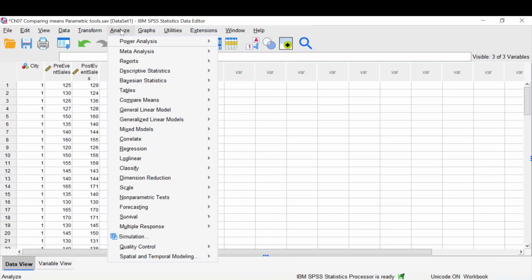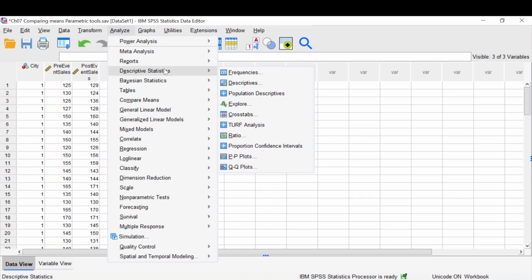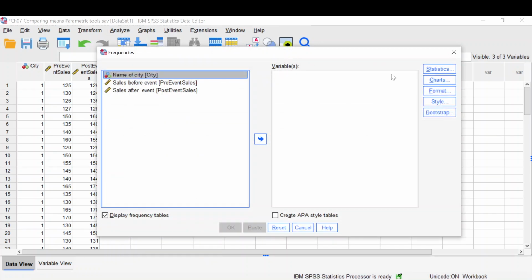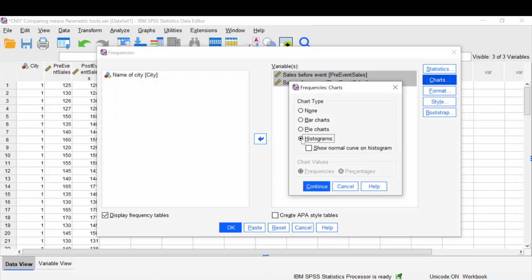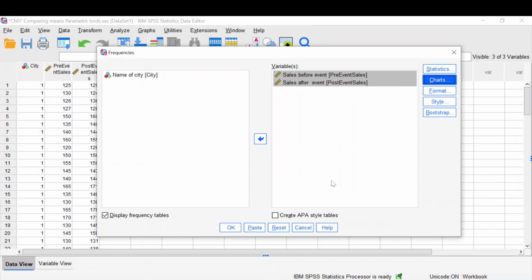So what I like to do is go into descriptive statistics, frequencies. We can bring our two ratio data points over. You can't do a normal curve on name of city because that's nominal, right? But for these two variables, because they are ratio data, we can check the normality on a curve. So what you can do is go to charts, choose histogram, and show the normal curve on the histogram, and then press continue.